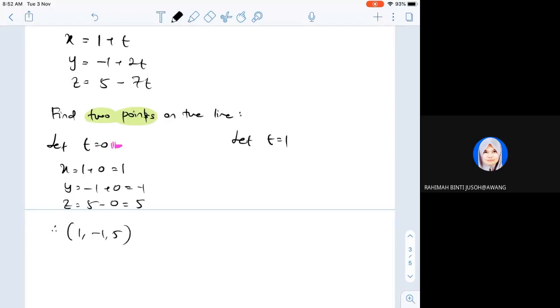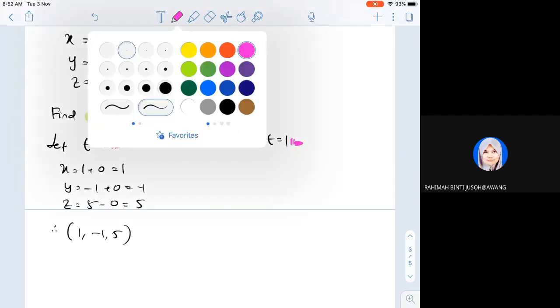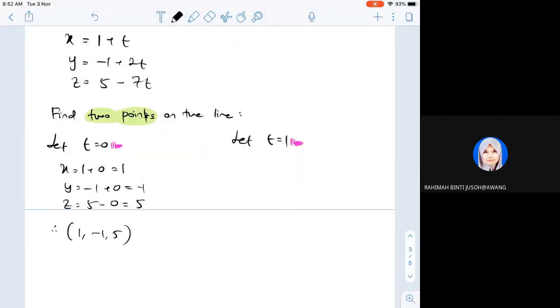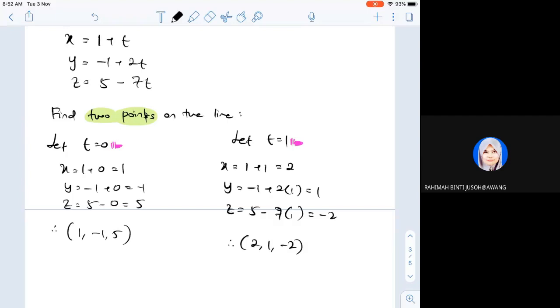If you substitute t equals 1, we have x equals 1 plus 1, so we get 2. y equals negative 1 plus 2 times 1, so we get 1. And then z equals 5 minus 7 times 1, we will get negative 2. So the second point is 2, 1, negative 2. So we already have 2 points. Finish. This is the 2 points on the line.